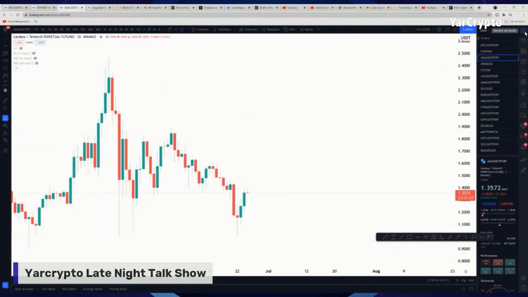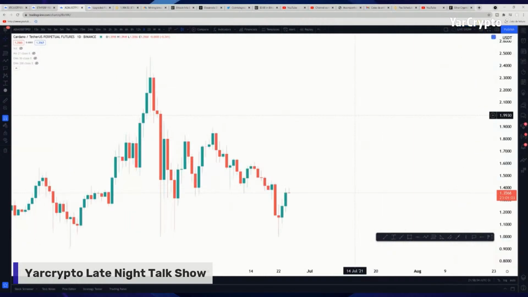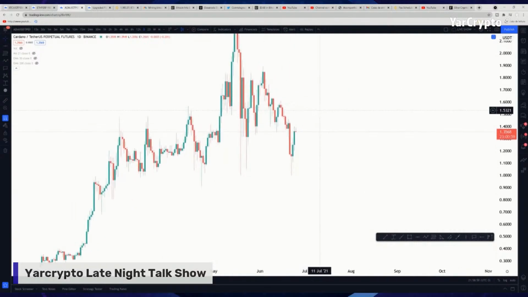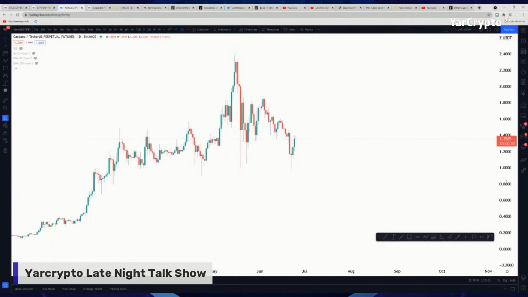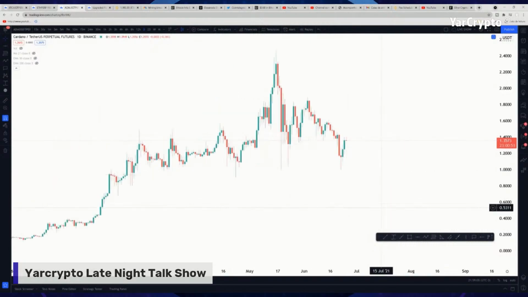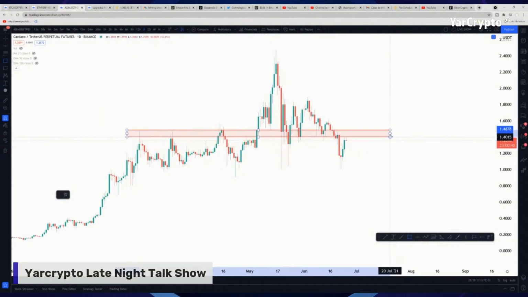But yeah, looking at the TA for ADA, actually, we have been having a couple of bullish daily candles for ADA, and obviously we have some levels here at this range. First of all, which is the $1.48.